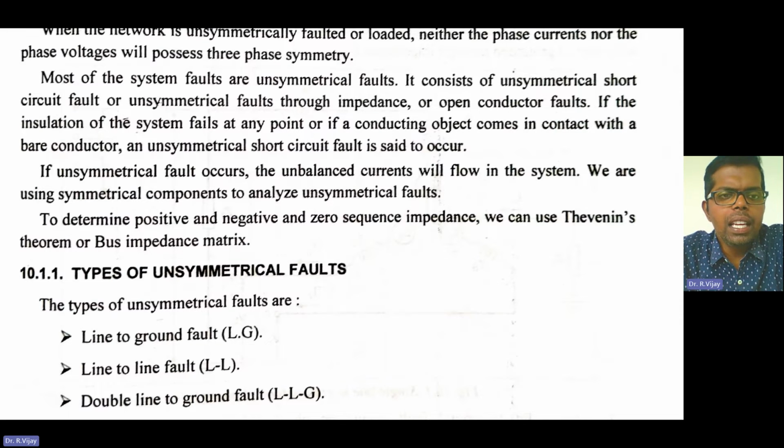If the insulation of the system fails at any point, or if conducting objects come in contact with the bare conductor, an unsymmetrical short circuit fault is said to occur. For example, the insulation of the transformer fails. In that condition it will be like a line to ground fault, because the outer part of the transformer is connected to the ground.